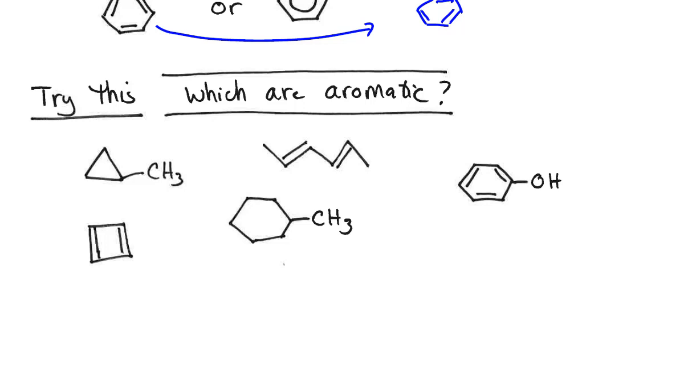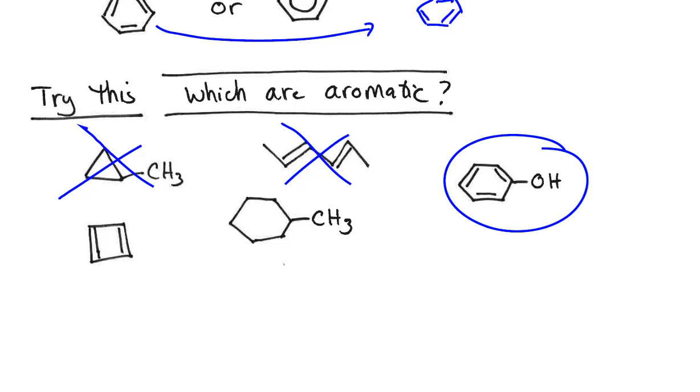Okay, this first one is cyclic, but there's no double bonds, so no. The second one has alternating double bonds, but it's not cyclic. This one over here has a benzene ring. It's got cyclic carbons with alternating double bonds, so that would be aromatic.